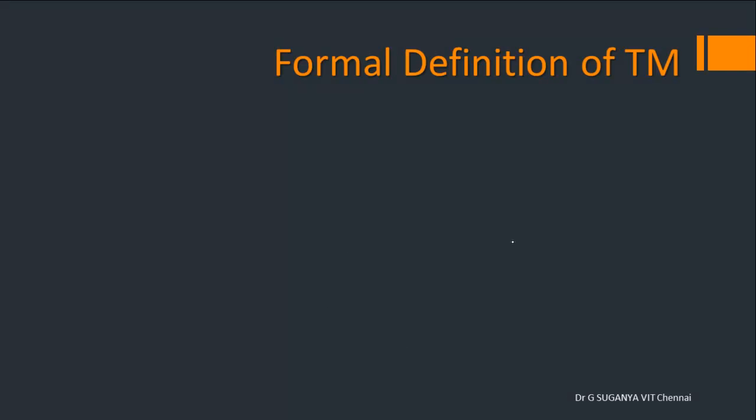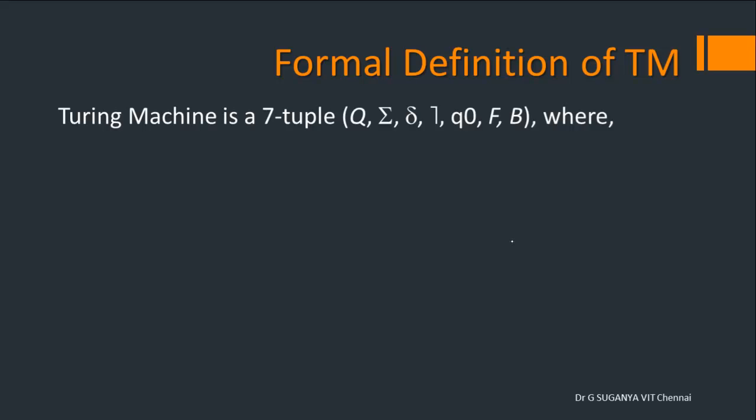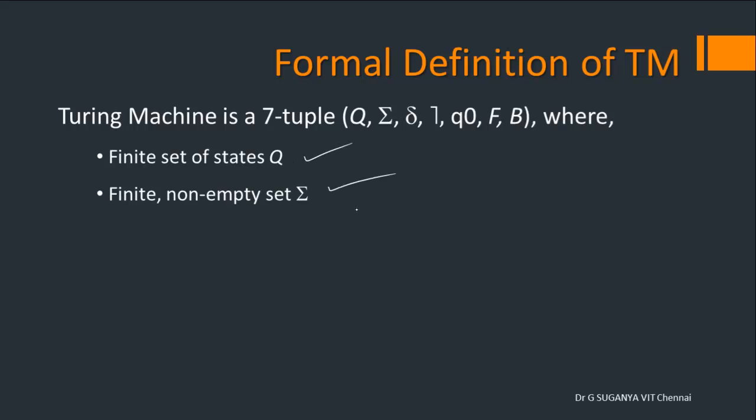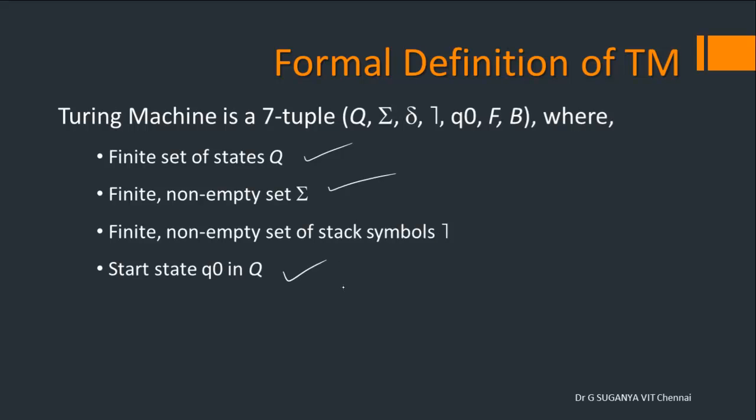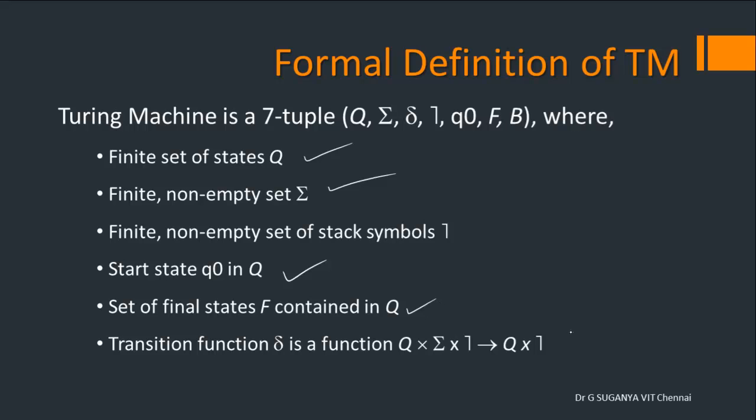So formally, how to define a Turing machine? It's a finite automata plus a memory unit. So the components of finite automata: states, set of non-empty input symbols, start state, set of final states, then a transition function, and you have to have a blank symbol over here.